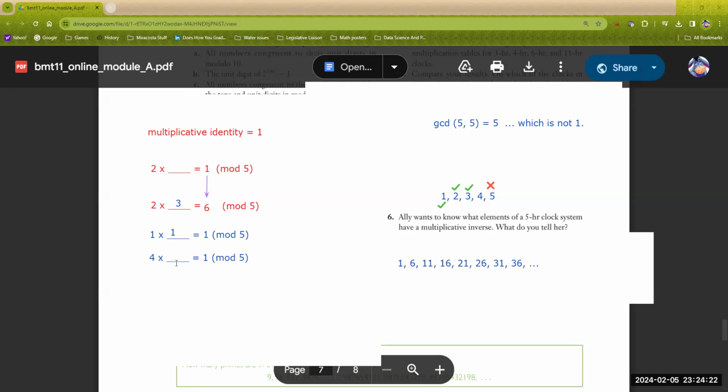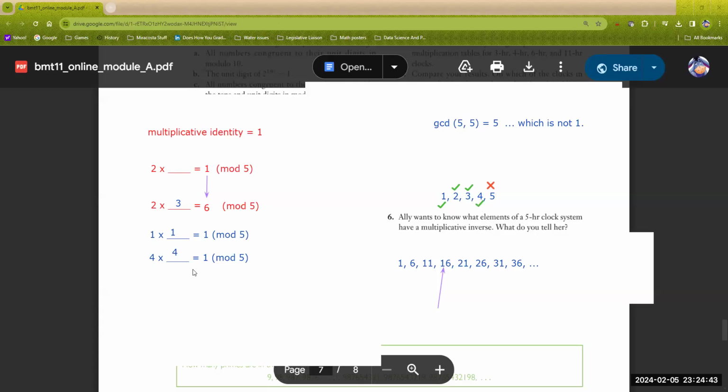Any of these look like a nice multiple of 4? 4 times 4 gives me 16. So I could drop a 4 right here, and 4 times 4 gives me 16, which means 4 is its own inverse, and I can put a little check mark there.